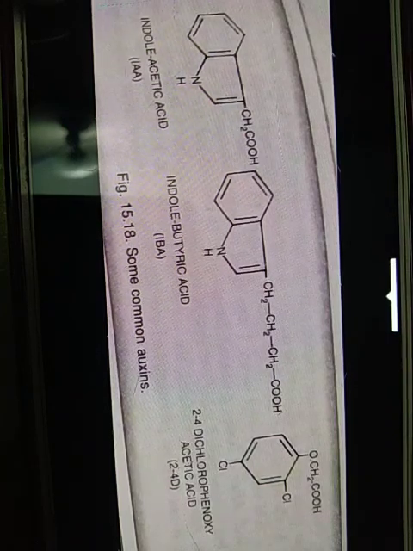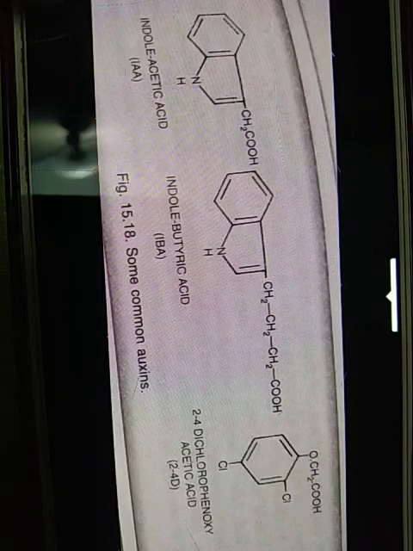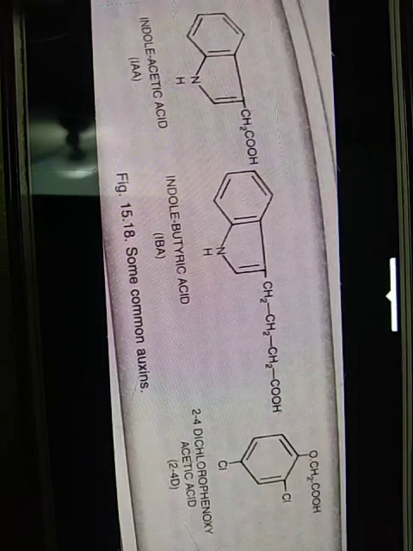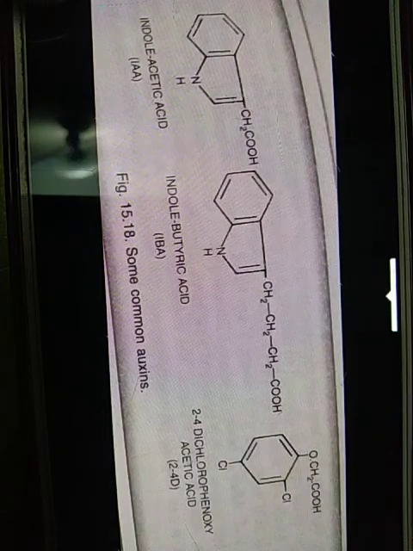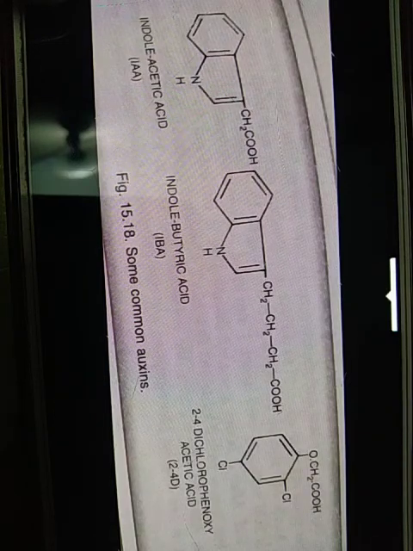IBA is both a natural and synthetic auxin. Synthetic auxin moves in all directions inside the plant.